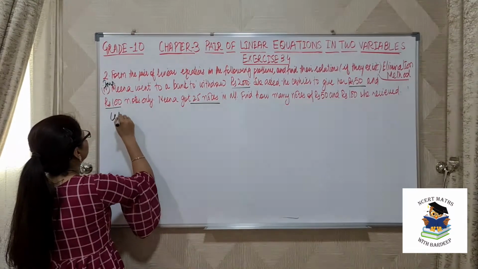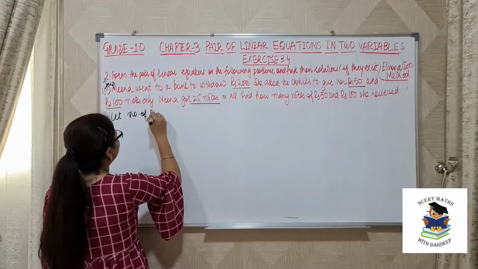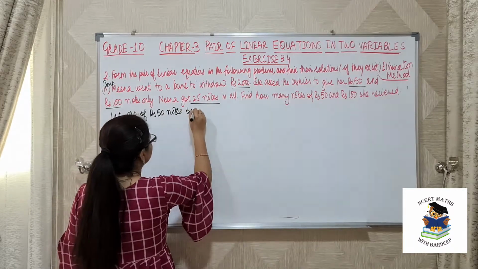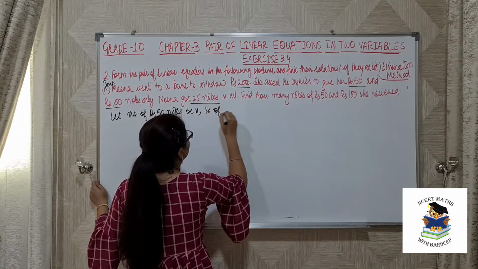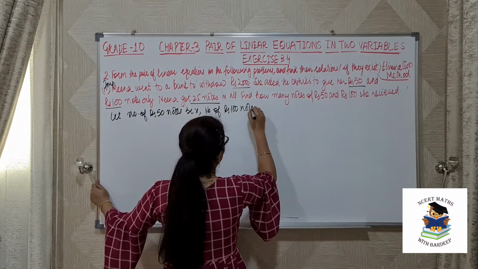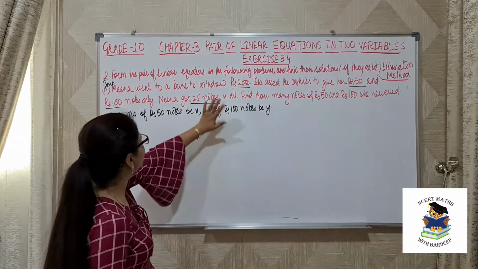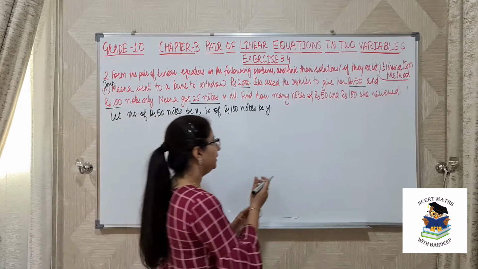So let number of 50 rupees notes be x and number of 100 rupees notes be y. So what is given in the question? Total notes is 25.